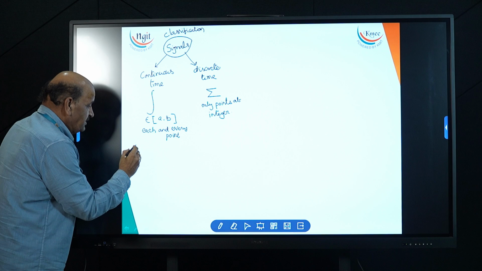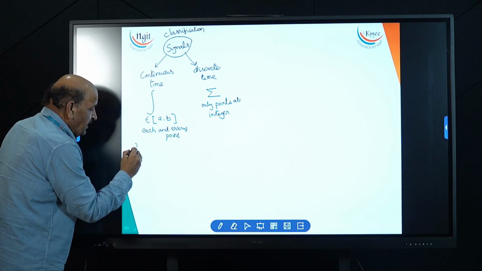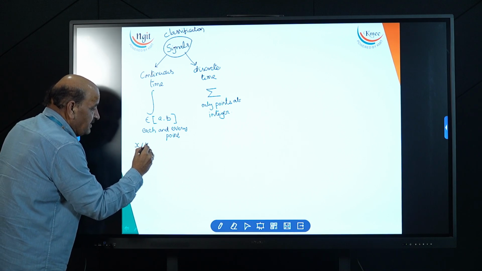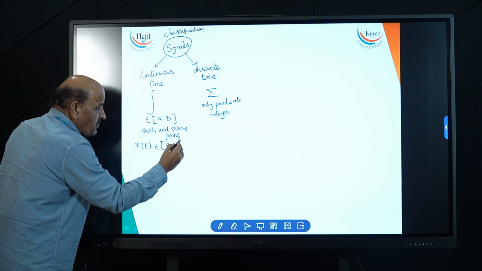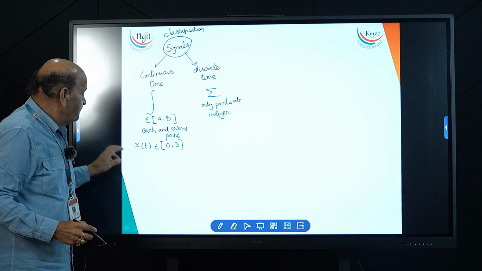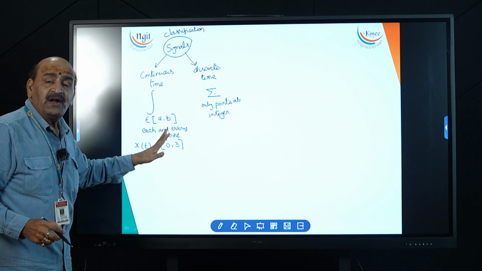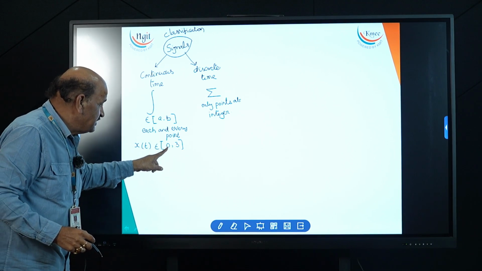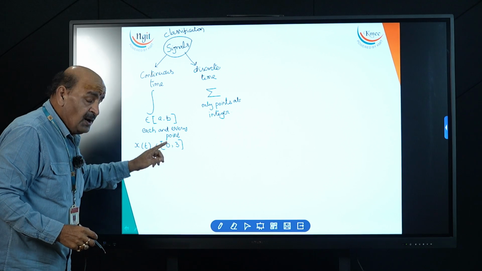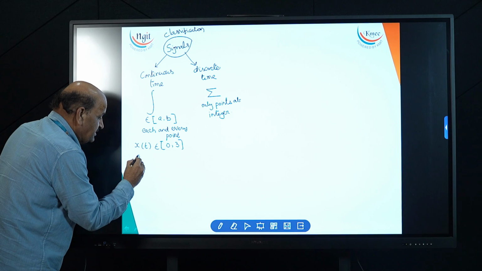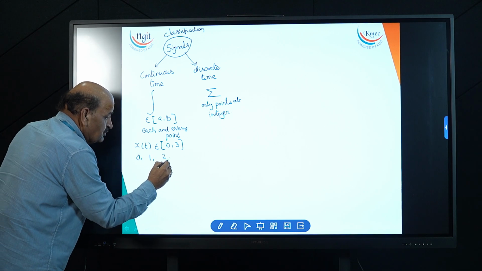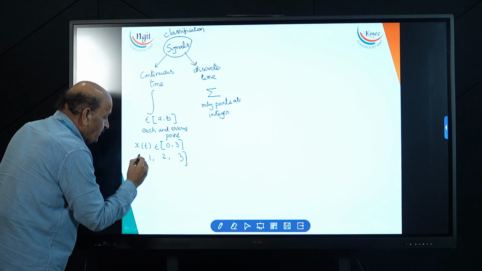For example, suppose this is a signal with width 0, 3. 0, 3 means it not only takes the values 0, 1, 2, 3, but all values. It is a closed interval.